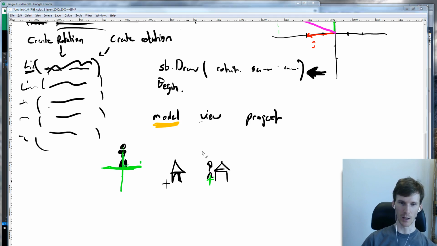It's like, right, well, I'm actually over here looking at this house. In fact, that's a confusing way to draw it because of what's coming next.